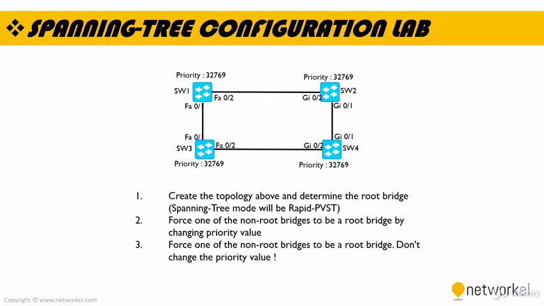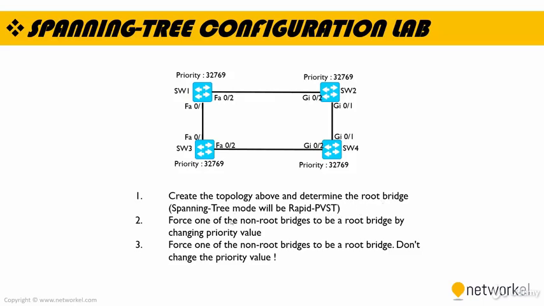We have a topology. We have 4 switches connected to each other. And in the first step, we need to create the topology above and determine the root bridge. The question says that spanning tree mode will be rapid PVST.